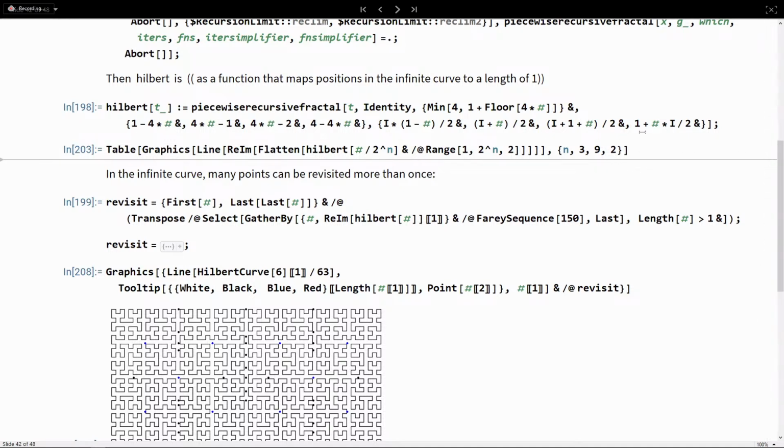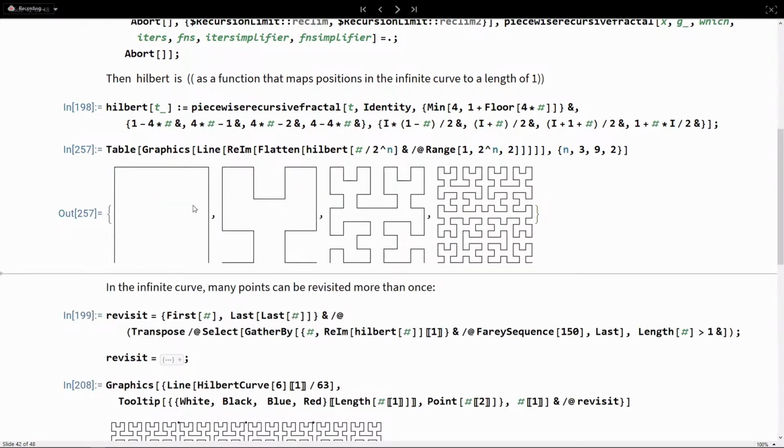I guess I did. If you evaluate this, hopefully this will work. It should show a bunch of Hilbert curves. Yes. So here's the Hilbert curve generated as an exact function.